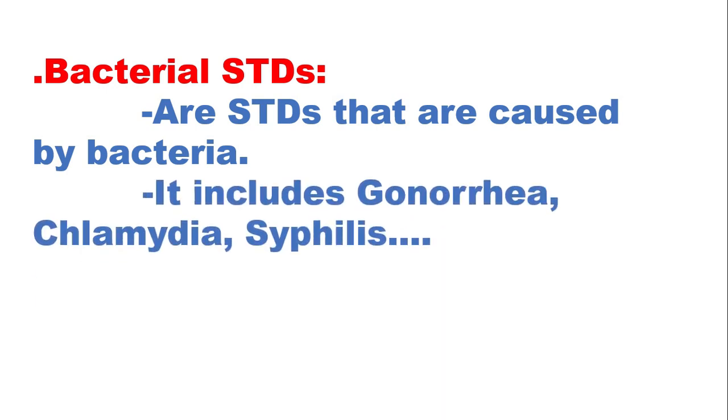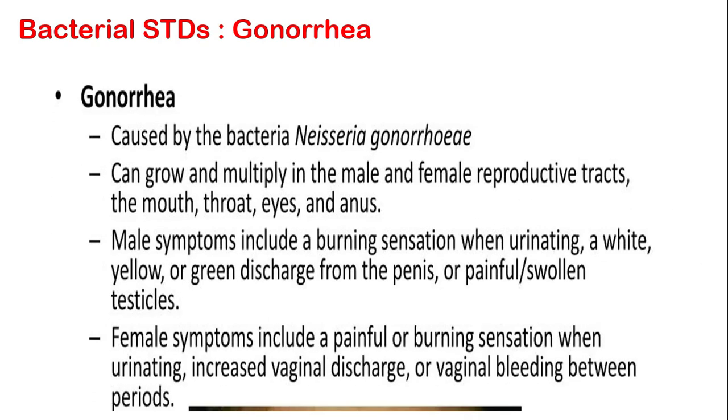So again, bacterial STDs are STDs that are caused by bacteria, and they include gonorrhea, chlamydia, and syphilis. Now the bacterial STD gonorrhea is caused by bacteria, Neisseria gonorrhoeae, which can grow and multiply in the male and female reproductive tract, the mouth, throat, eye, and anus.